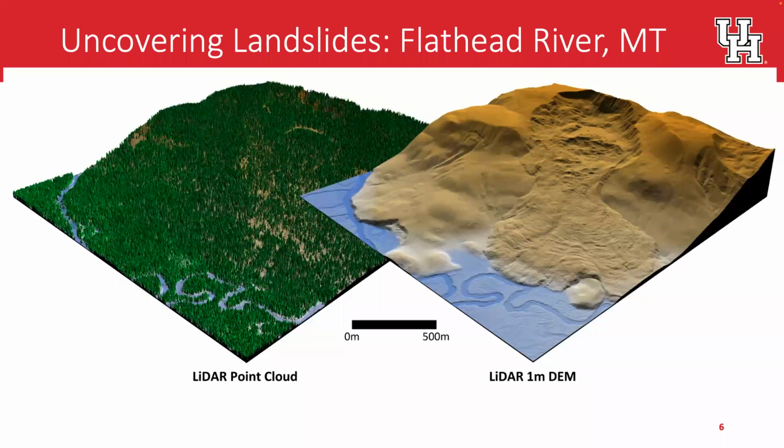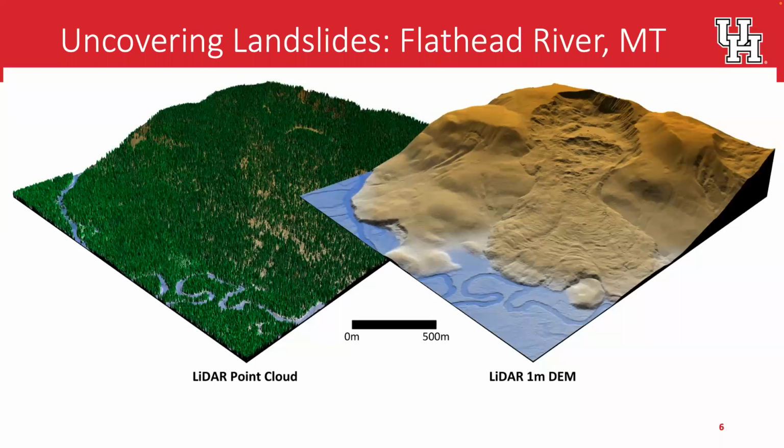A couple of just quick examples of projects. I don't want to go into too much detail here, but we were primarily started as an earth science center, and this really gives you an example of one of the really key uses of LIDAR for earth sciences. On the left here, this is along the Flathead River in Montana, and that's the full point cloud.